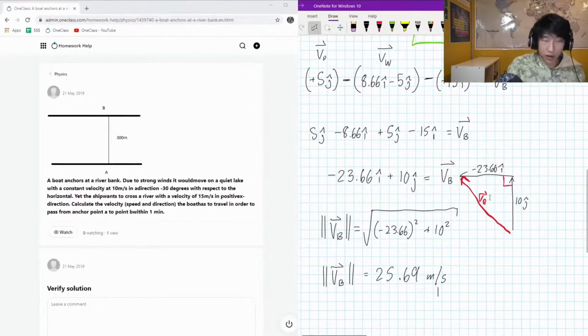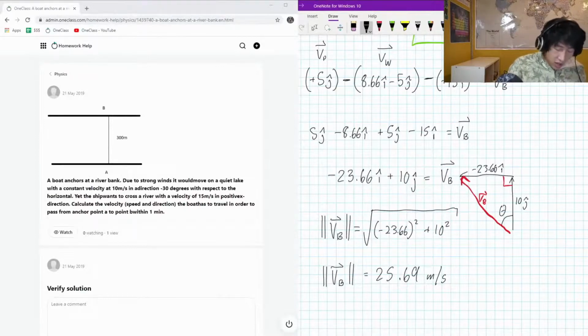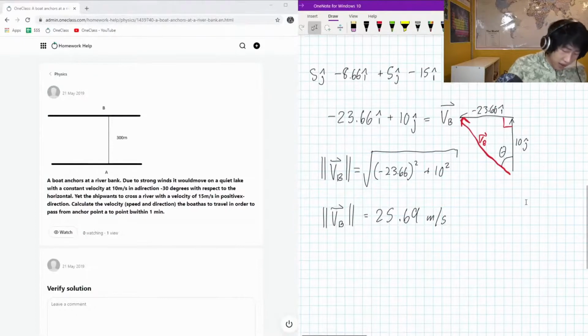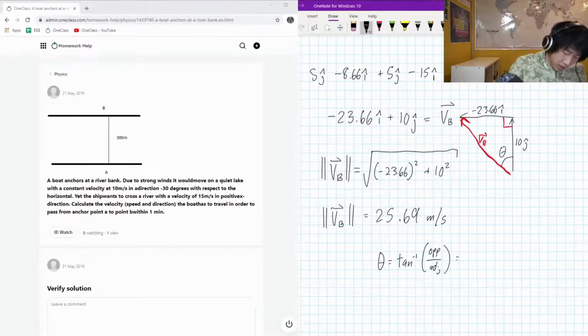Okay, but we also need to find the direction, and pretty much what that means is we need to find this angle right here. And so, another right angle situation, we just got to use tangent, right? We have the opposite and the adjacent. We know that our angle is the inverse tan of opposite over adjacent. In this case, our opposite is 23.6.